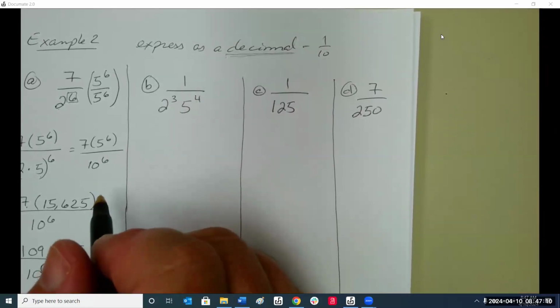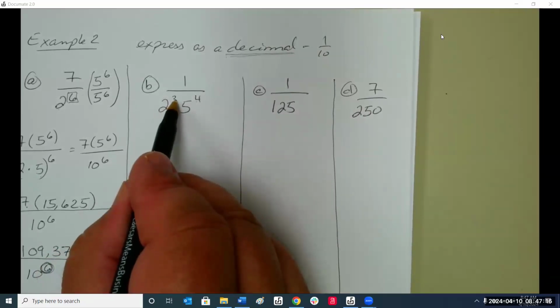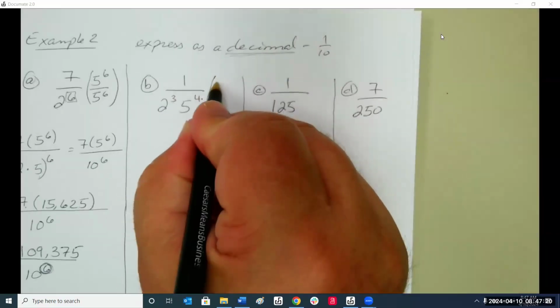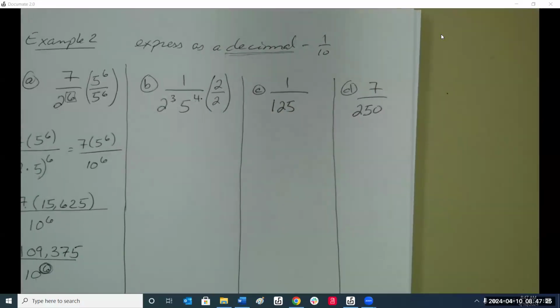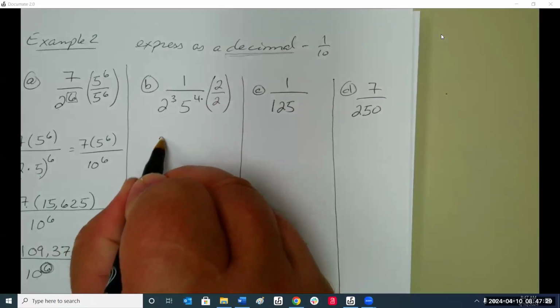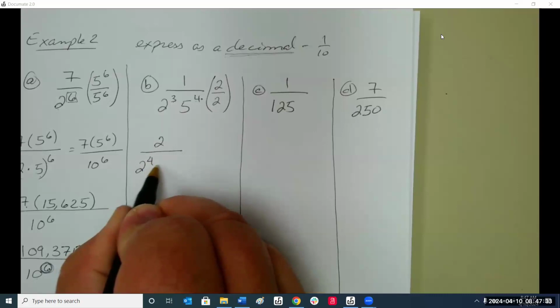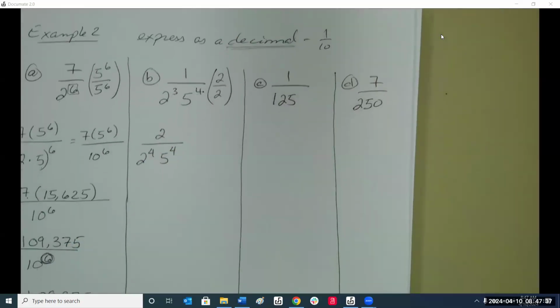How many more 2s do we need so they're equal? Nope, we have 3 already. We need to have 4, so how many are we missing? Just 1. So we have to multiply the top and bottom by 2. Now we have 4 2s and 4 5s on the bottom.